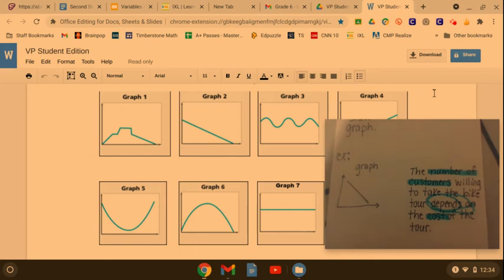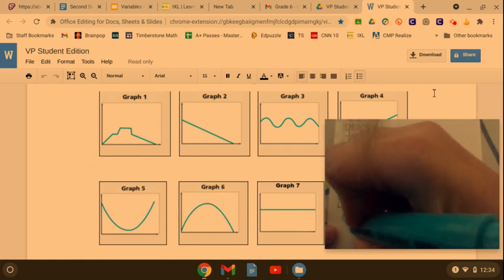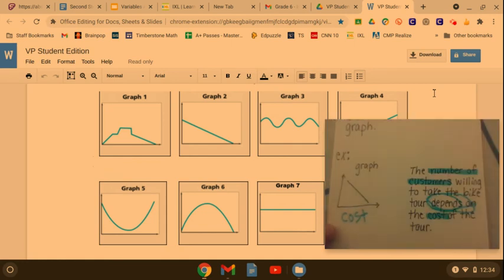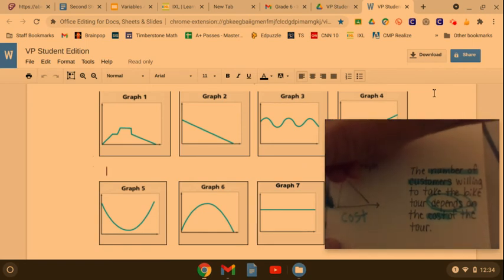So I know that the number of customers that take the tour depends on the cost. So cost is my independent variable, and that's going to go on my x-axis. And then the number of customers is going to go on my y-axis. So I'm just going to abbreviate here.